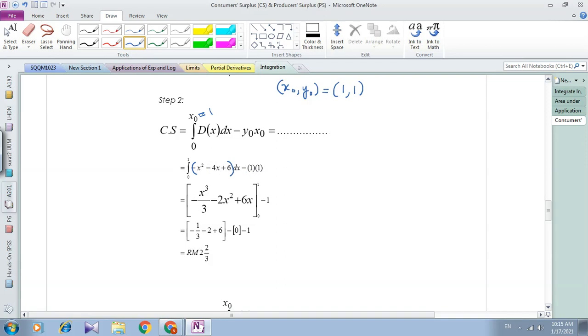Integrate as usual, and don't forget the upper limit and the lower limit. Then we should get 2 ringgit. You can actually rewrite this as 2 ringgit and 67 cents.